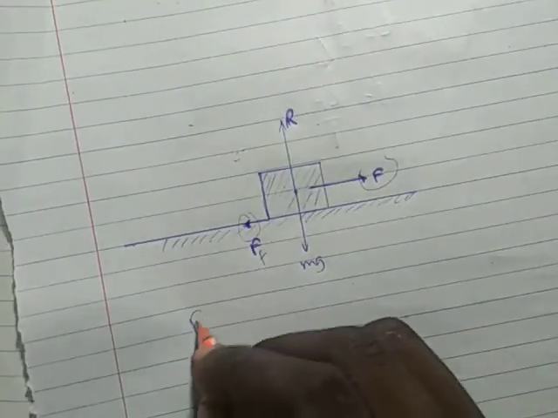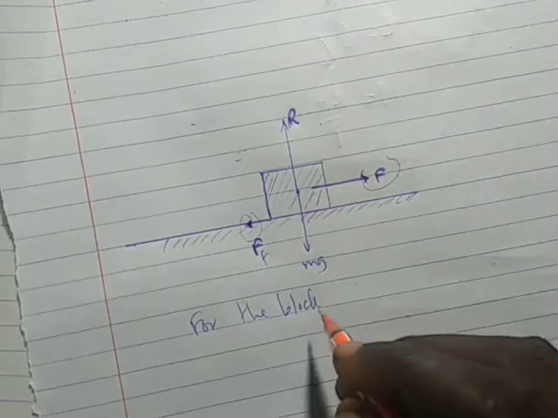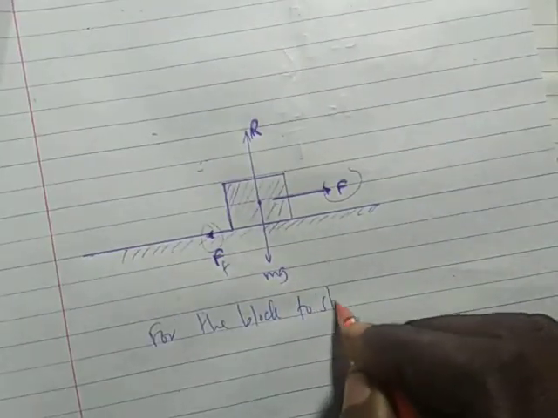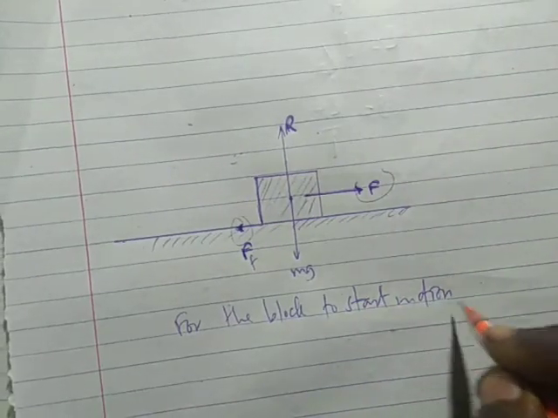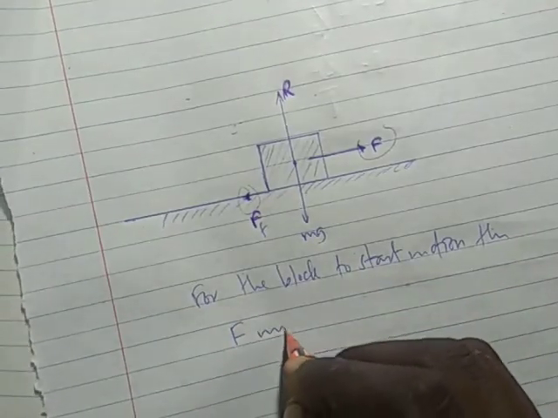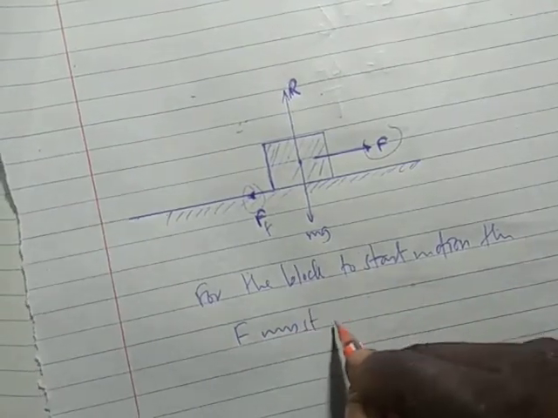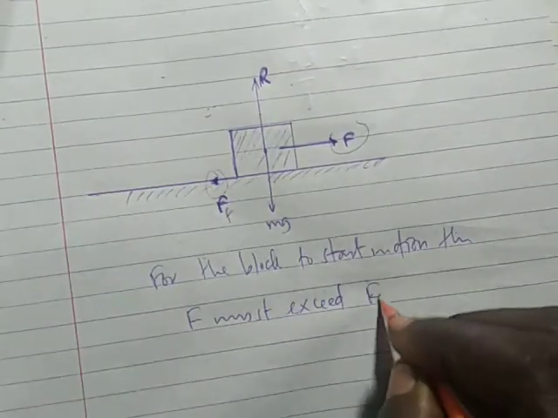So for the block to start motion, F must exceed, or F must be greater than Fs.